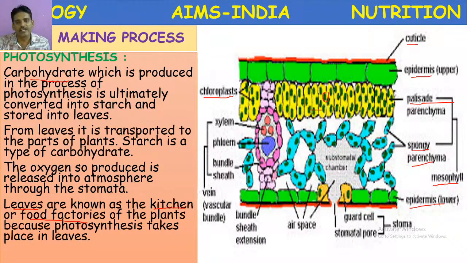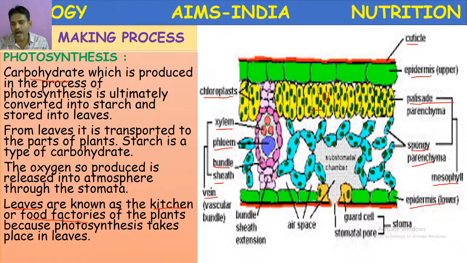And the leaf receives water by means of vascular bundles. If you take a leaf, this leaf contains veins and veinlets here. These veins and veinlets and the midrib consist of vascular bundles, which contain xylem tissue and phloem tissue. They together form vascular bundles.